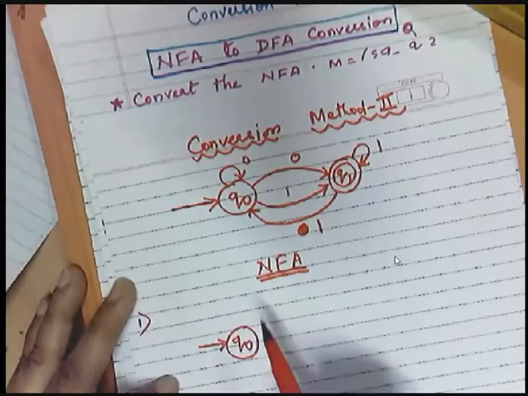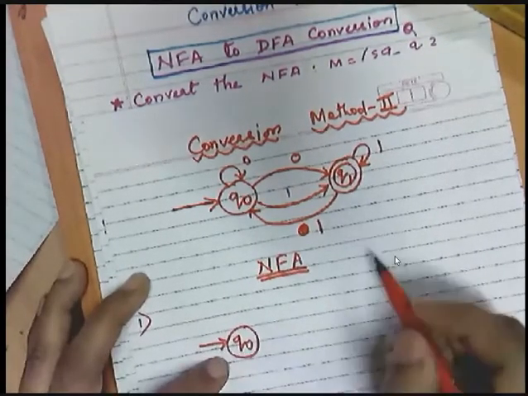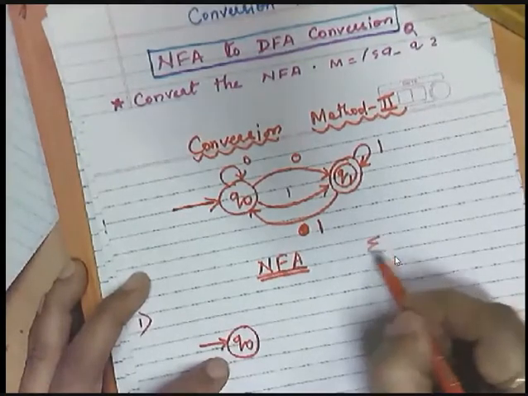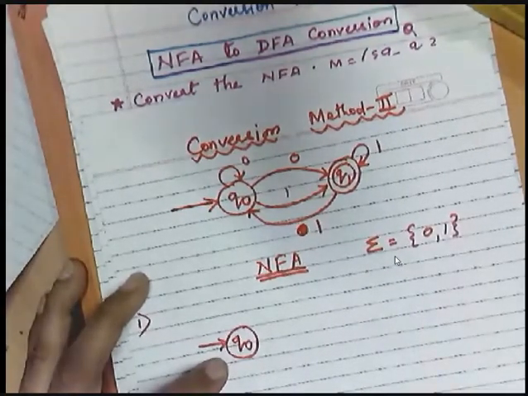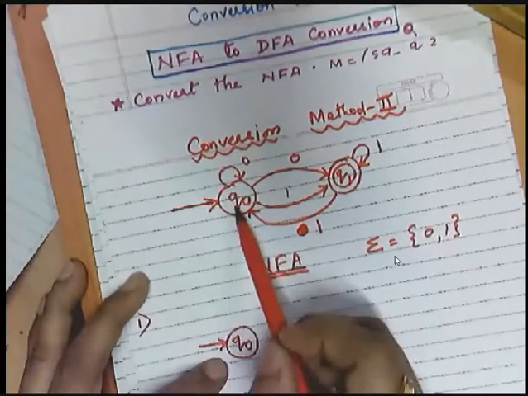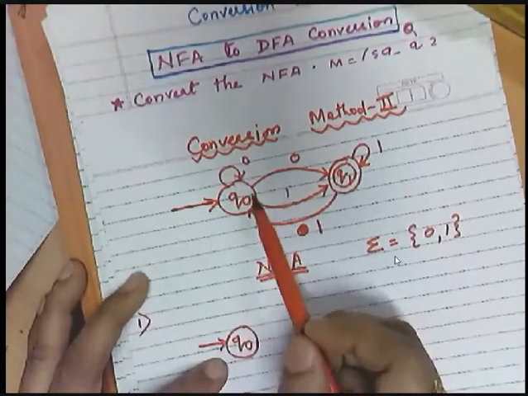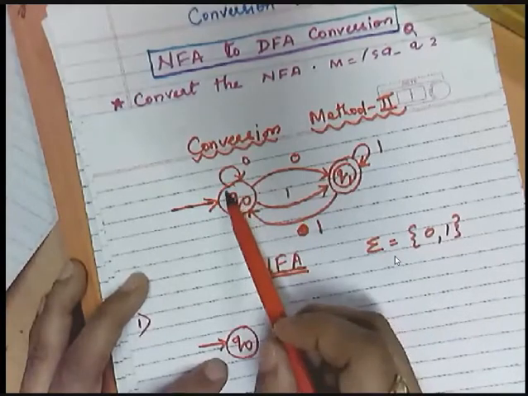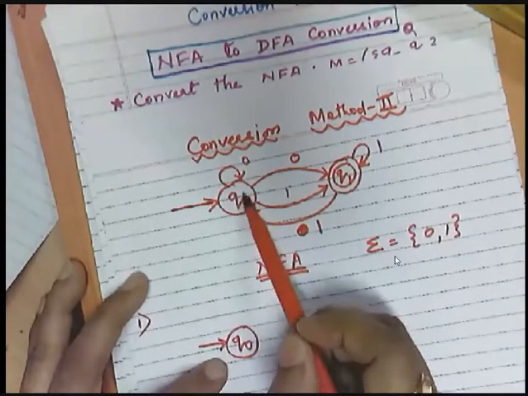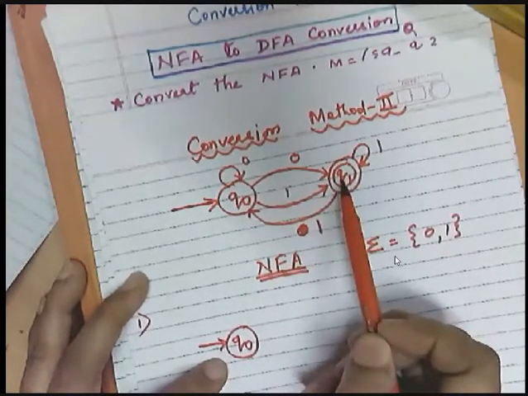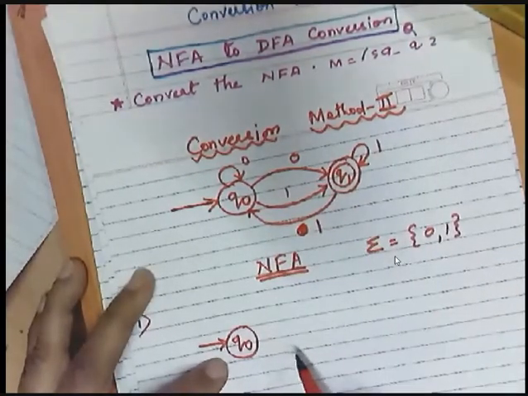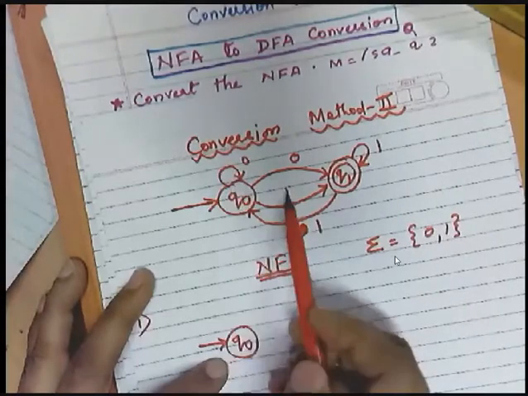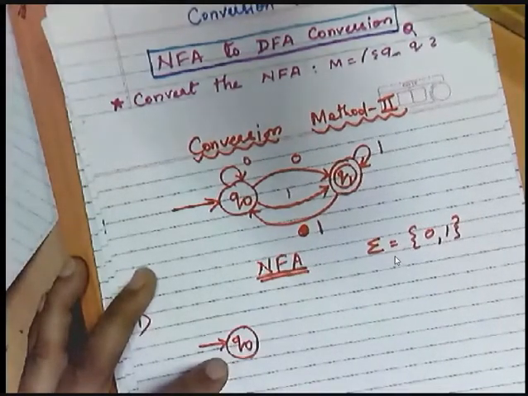Now we will check for every input symbol. Our input alphabet is 0 and 1. So we will check in the NFA: Q0 on 0 moves to where? It is moving to Q0 as well as to Q1. Since it is a DFA, we cannot have these two transitions in a DFA. We have already discussed this.